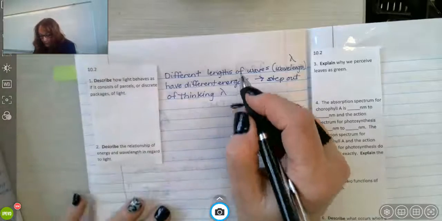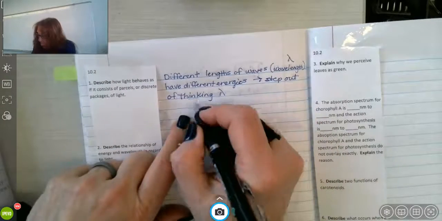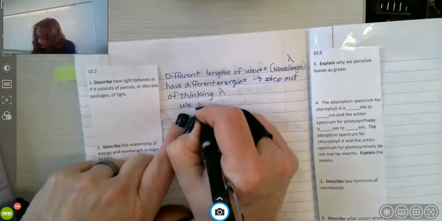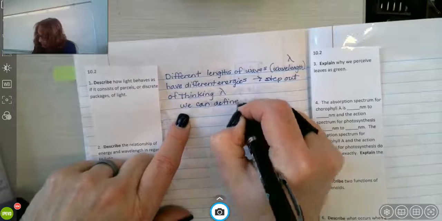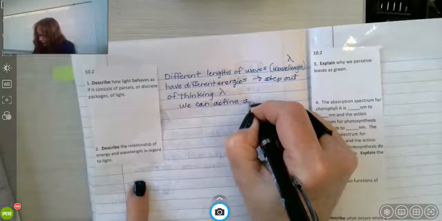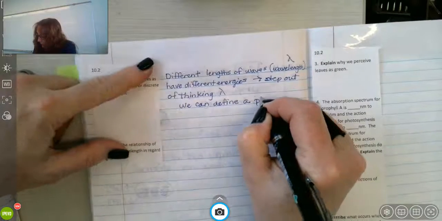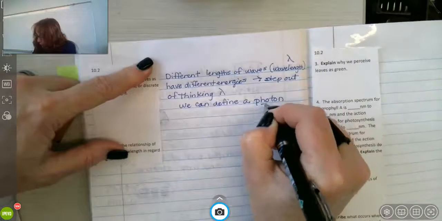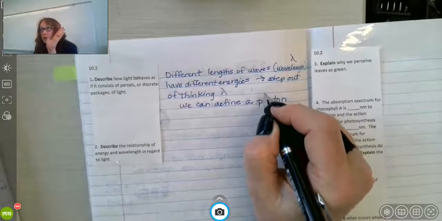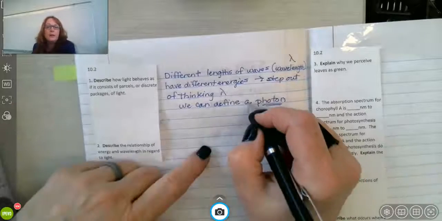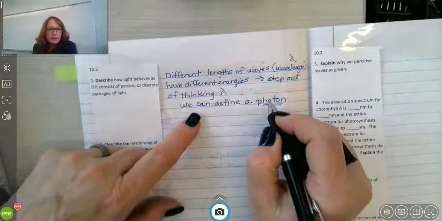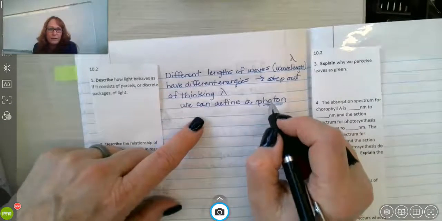But we can define a photon, because that's where we're getting to here. Which is funny, because I think about, of course, y'all ever watch Star Trek? They'll have like photon torpedoes, and they use these words like they mean something to them, and they don't mean anything to them like they mean to us.